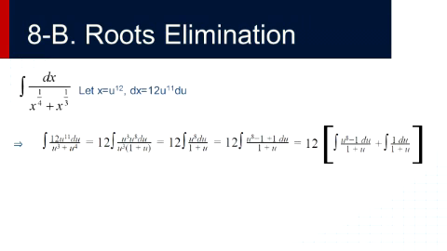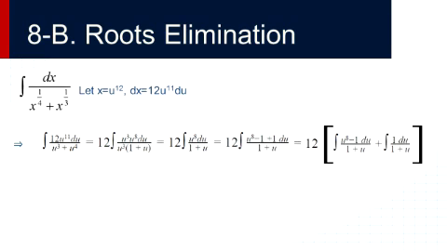We'll factor out the 12 and factor out the u cubed in the bottom. The u cubed on the bottom and the u cubed on the top will cancel out, and we'll get 12 times the integral of u raised to the power of 8 over 1 plus u.